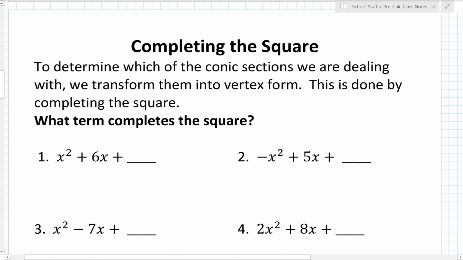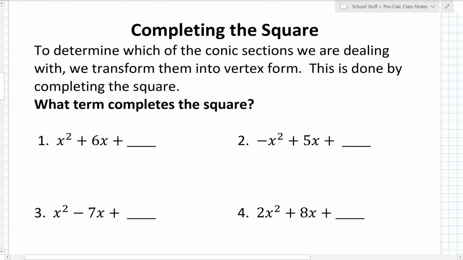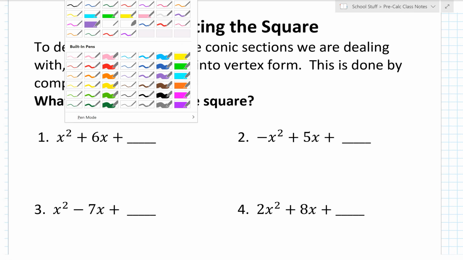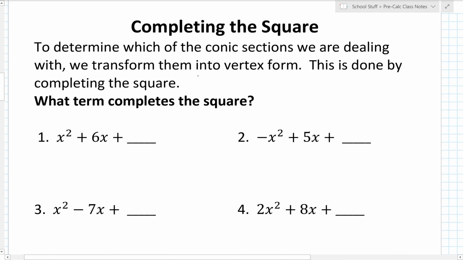Today what we're focusing on is this idea of completing the square. Completing the square says I am looking to get something to be written in the form of (a + b) squared. That's a perfect square. That's what I'm going for.